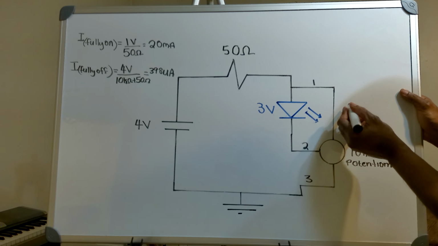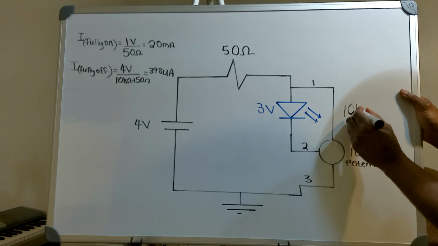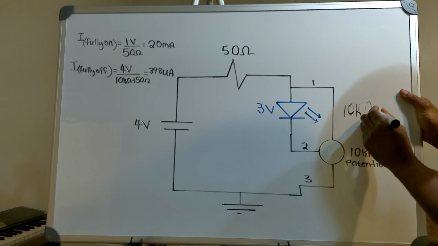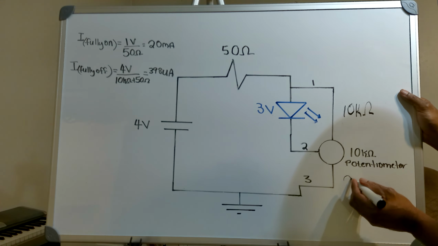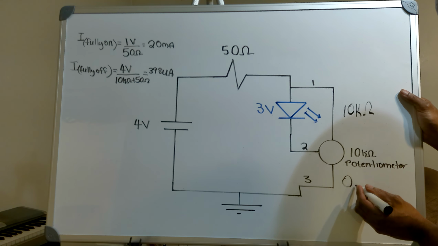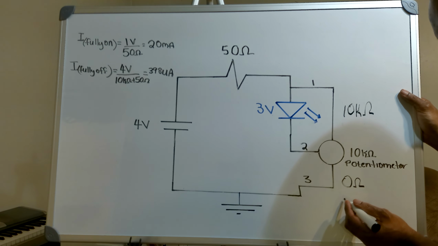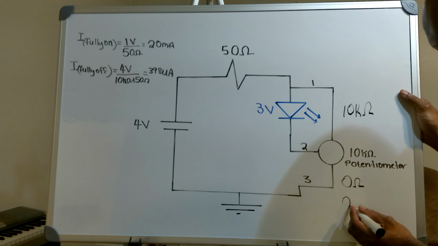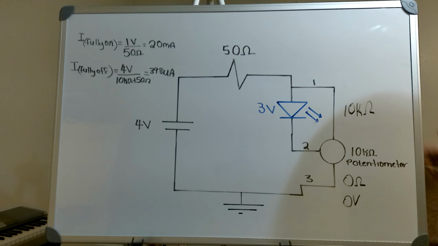Now, I've got my 10K ohms here. And I've got 0 ohms here and approximately 0 volts. Okay?